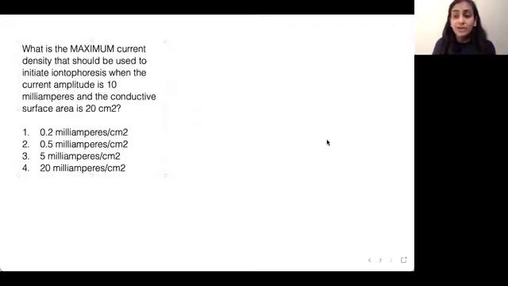Which parameter should he change? You want to maintain the same dosage. You are increasing the intensity, but in order to maintain the same dosage, you have to reduce the duration. Perfect. What is the best duration? It's going to be 4 milliampere into 10 minutes.